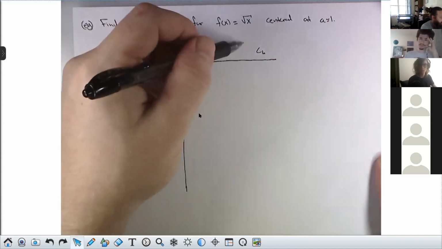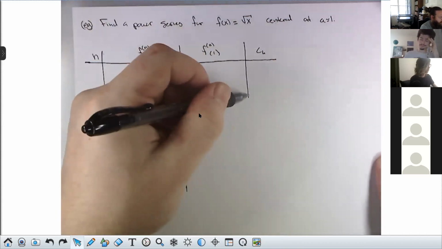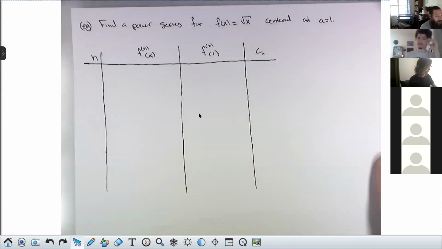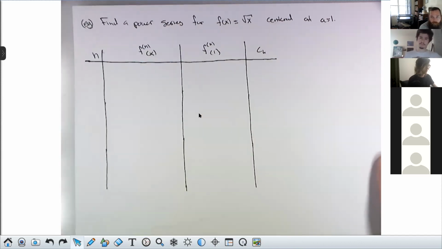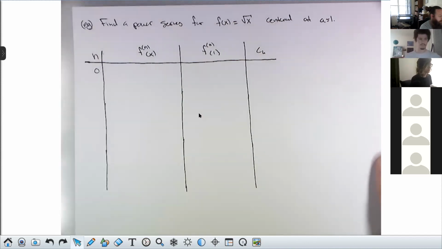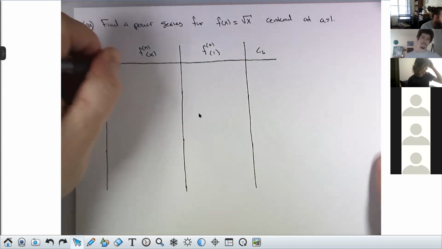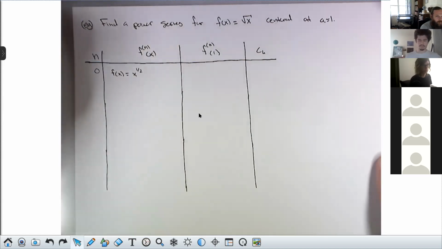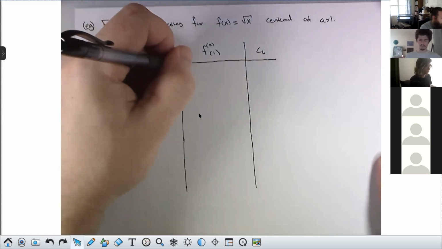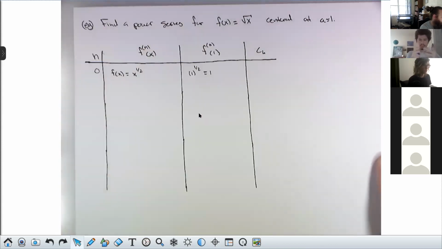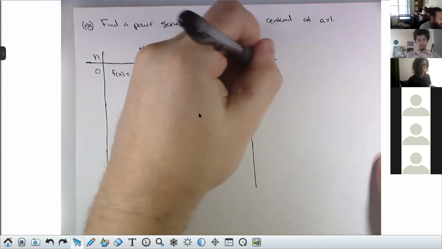It will show up here. All right, are we ready? If I differentiate 0 times, then I just have my function, which is the square root of x, or x to the 1/2. And if I plug 1 into that, I get 1 to the 1/2, which is 1. So c_0 is 1.